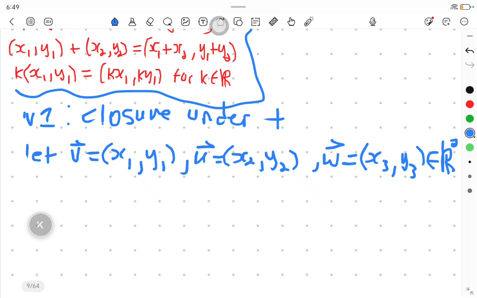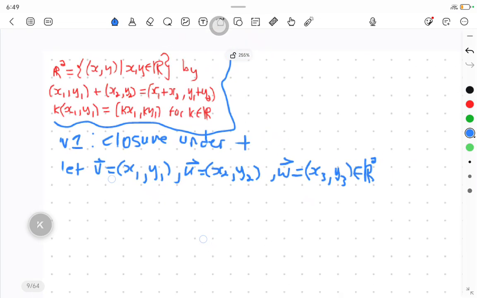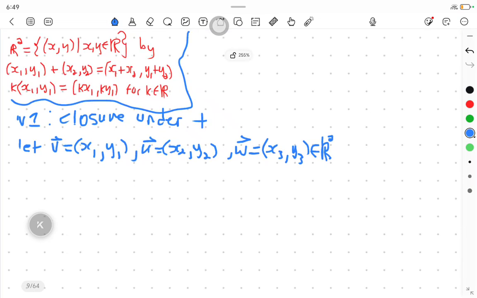You see, right? So all these are elements of R squared. So I just let these be elements of R squared, and I take some scalar.